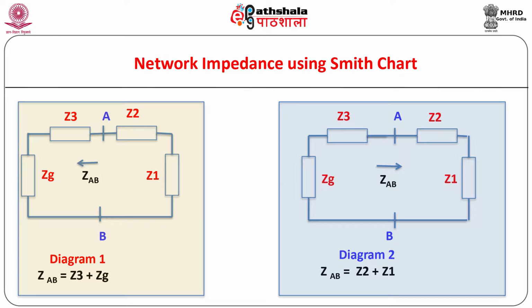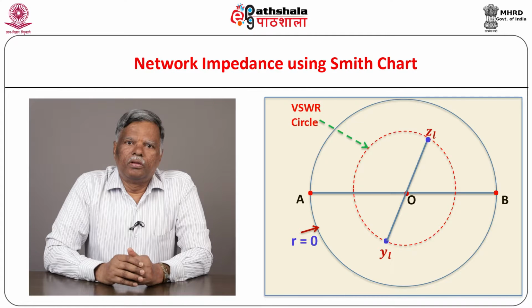In this case, one can assume that the current enters the network from one of the two terminals referred in the phrase and comes out from the other terminal of the network. In diagram 1, ZAB is equal to Z3 plus ZG, while in diagram 2, ZAB is Z1 plus Z2.